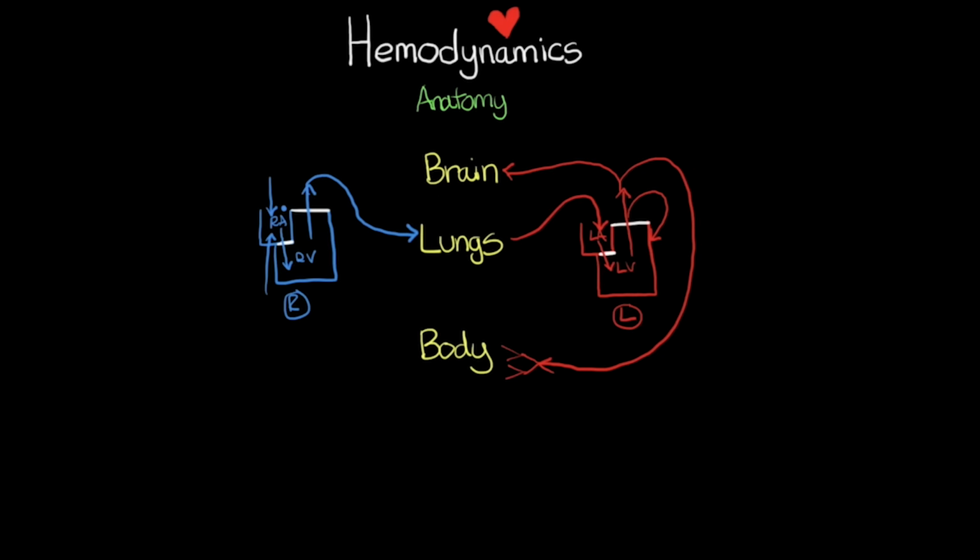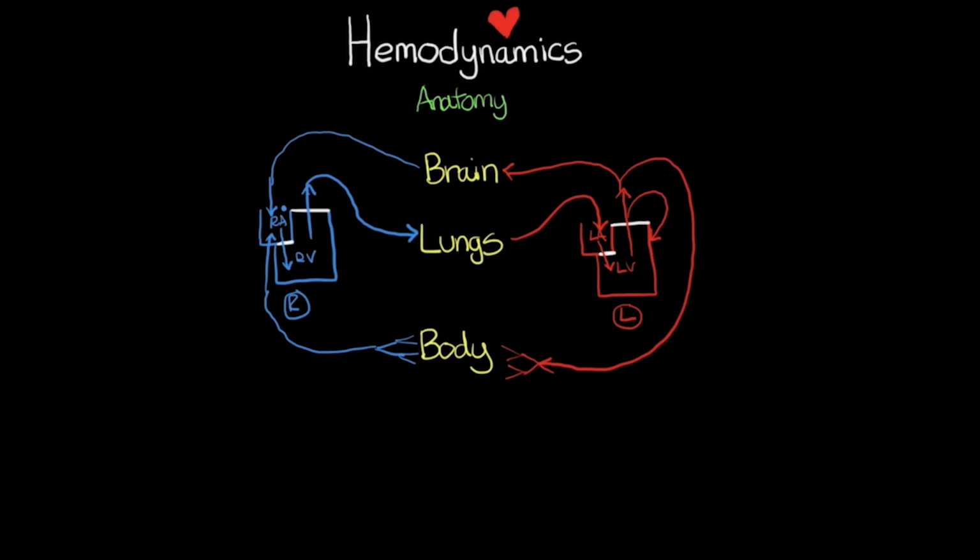And then once they come out from the capillary beds, we're going to come out into our venules, which will turn into our veins, which will then work their way back either through the inferior vena cava, or if we're coming from the brain or the upper extremities, we're going to come back in through our superior vena cava. And this really gives a conceptual map or picture of the flow of blood, which ultimately is our hemodynamics.